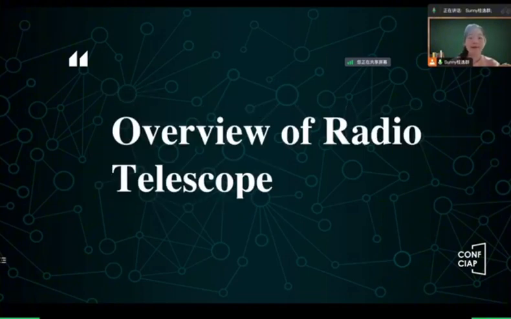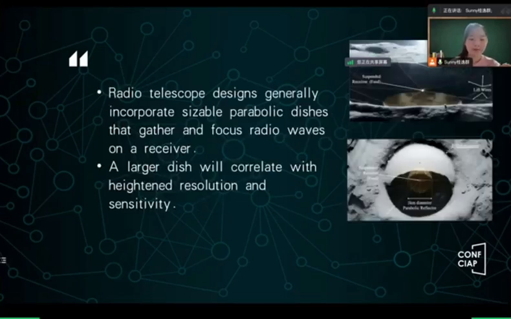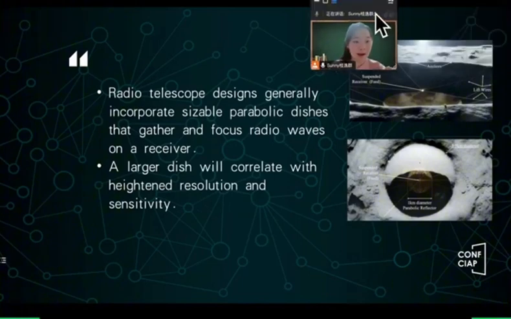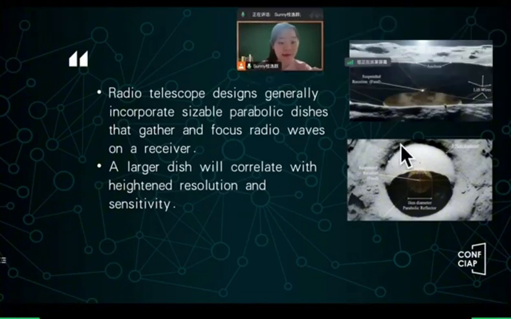And let's do an overview of the radio telescope. As you can see in these two photos, radio telescope designs incorporate sizable parabolic dishes that gather and focus radio waves on a receiver.